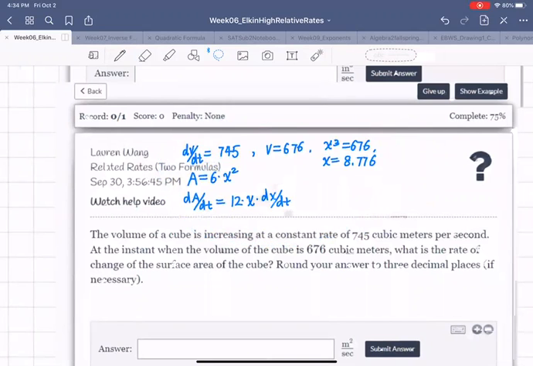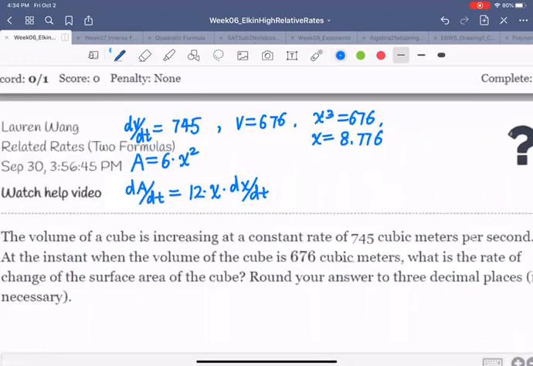V is x cubed, then dV over dt equals 3x squared times dx over dt. And dx over dt is dV over dt over 3x squared, right?